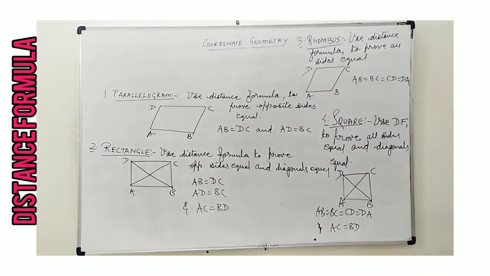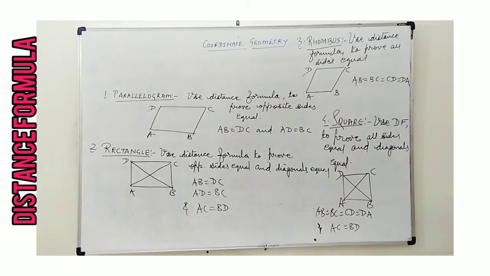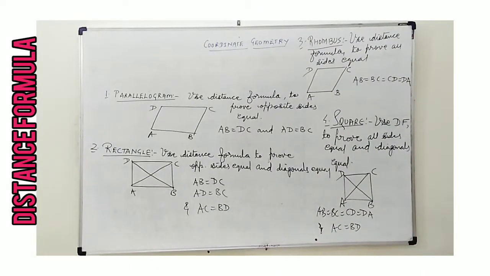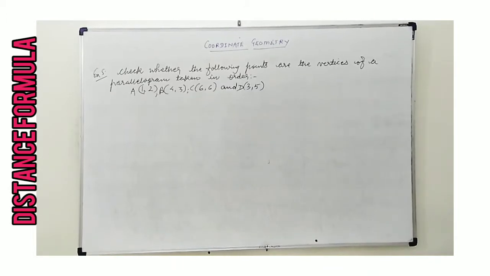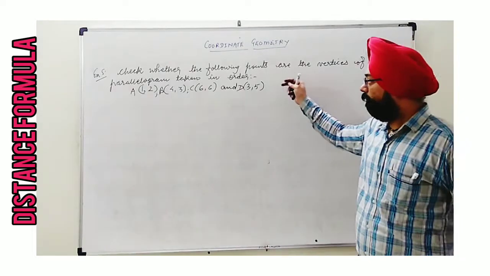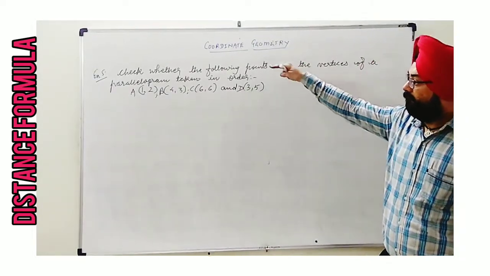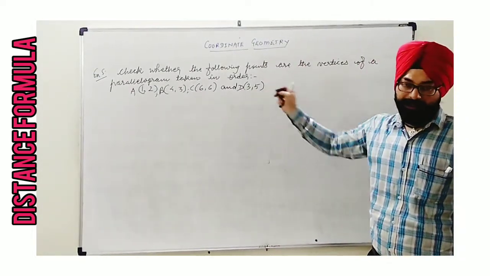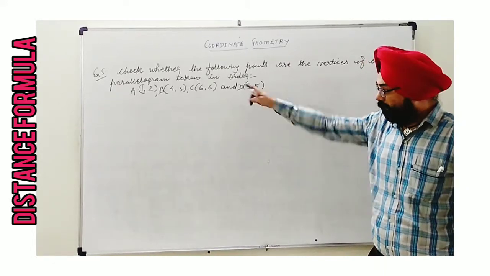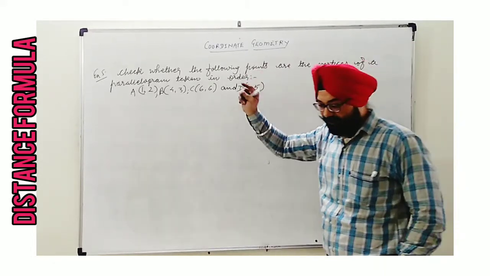Let's start. In this question, we are asked whether the given points are the vertices of a parallelogram. But we have to be careful of one thing: they are taken in order, in sequence.